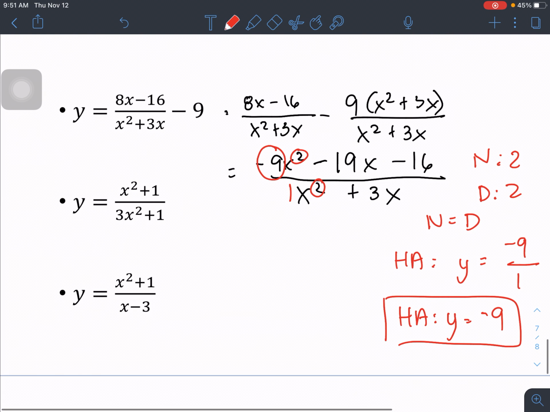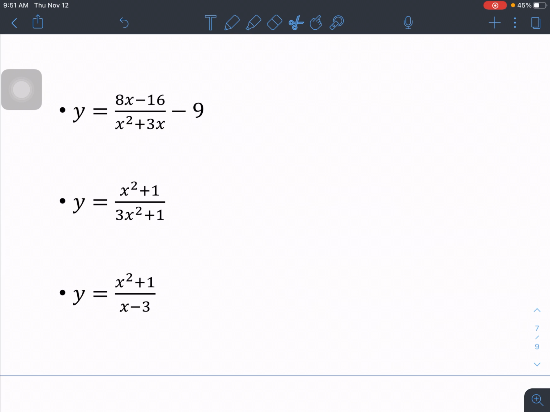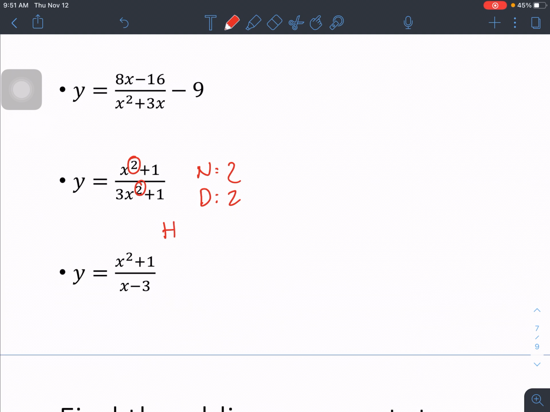Okay? So let's have another example. Second: the numerator is 2, and at the denominator it is also 2. So the horizontal asymptote will be 1 over 3.